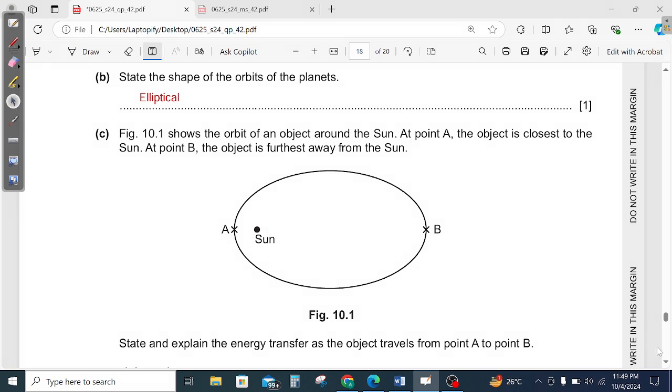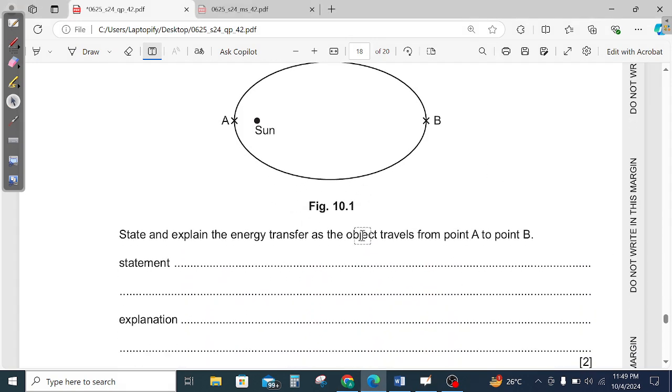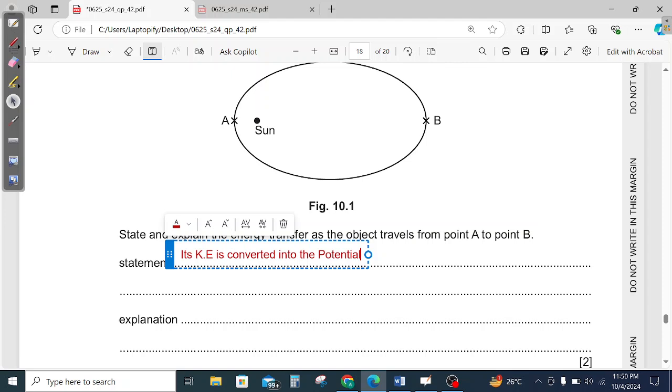I have given you the whole explanation here, so you must write from A to B that its kinetic energy is converted into potential energy. Is it clear?